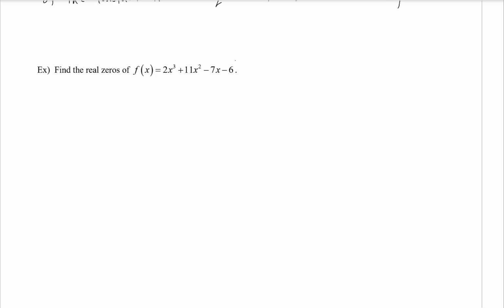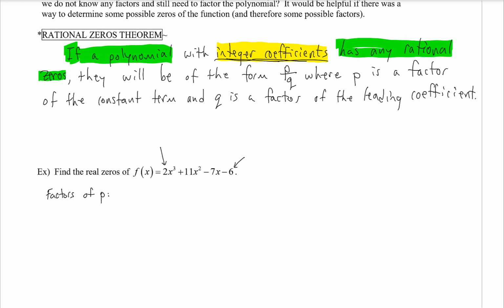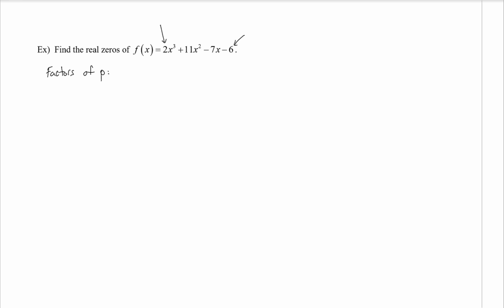So my constant term is 6, negative 6 technically, and my leading coefficient is 2. So my factors of p, so remember it said p has to be a factor of the constant term. Well, the constant is negative 6, and then q is a factor of the leading coefficient. So my factors of p are 1, 2, 3, and 6. The only numbers that go into 6 evenly are 1, 2, 3, and 6. But we're working with integers.